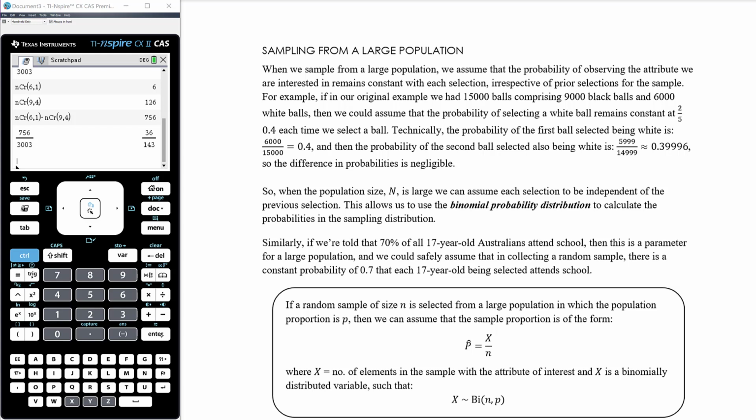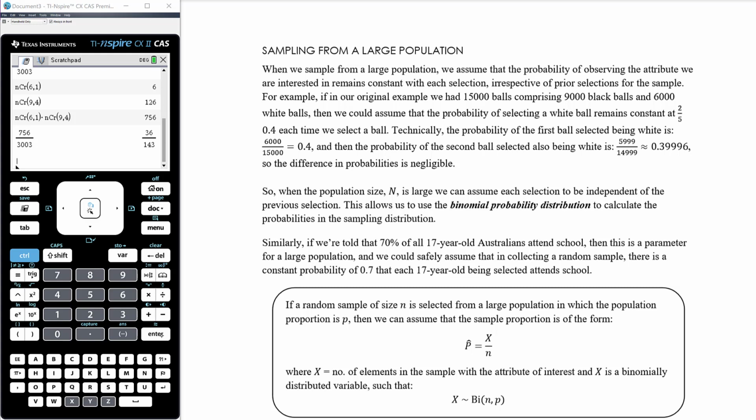And then the probability of the second ball also being selected as white is 5,999 divided by 14,999, which is 0.39996. So close enough to 0.4. So when the population is large enough, we can treat the probabilities as being independent, and therefore we can use a binomial distribution.